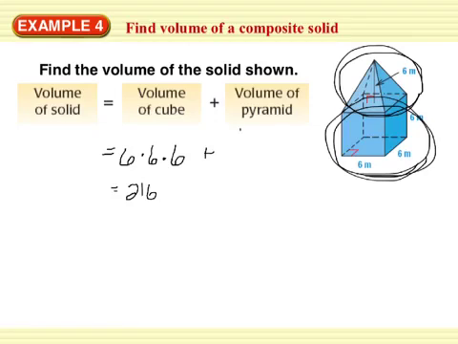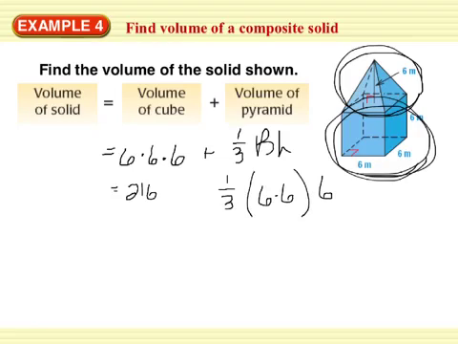The volume of the pyramid is 1/3 big B times h. The base is a square, so 6 times 6, and the height is 6.